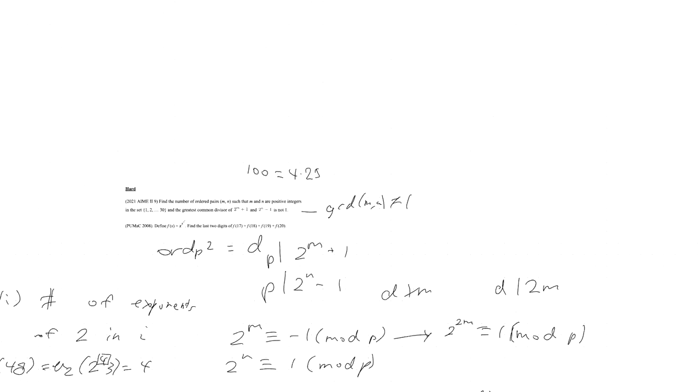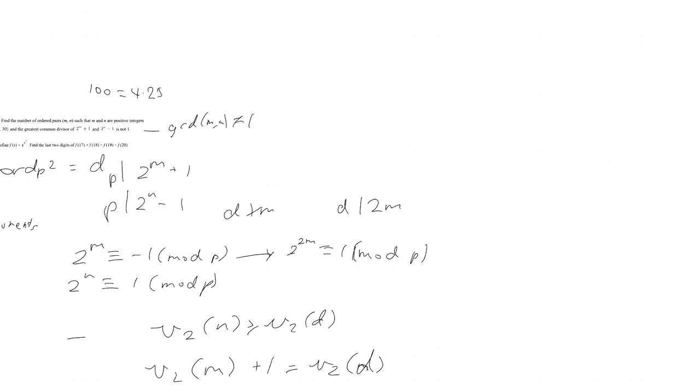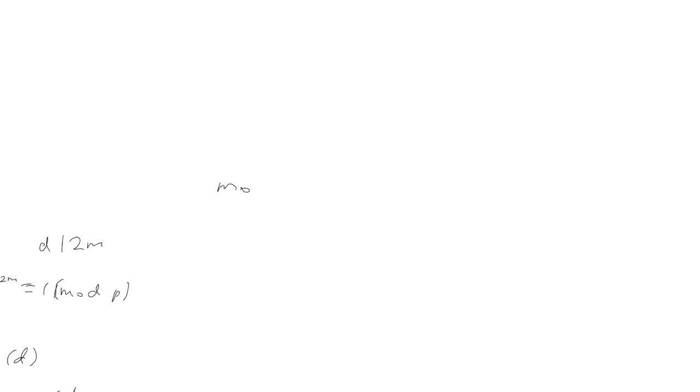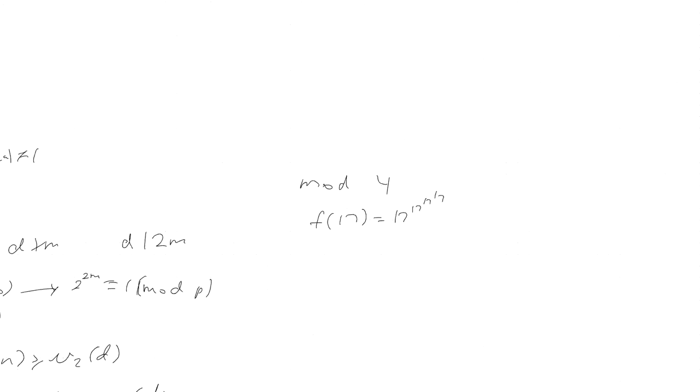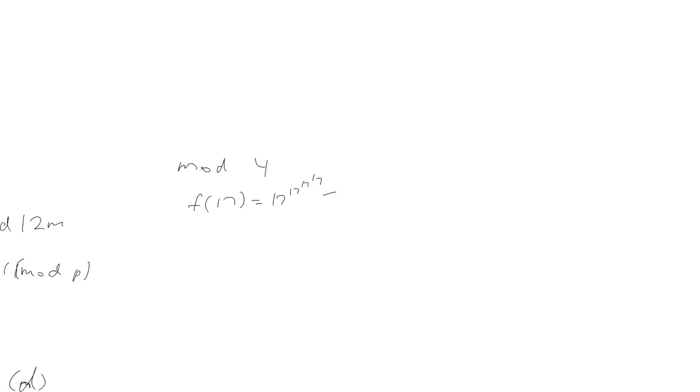So I think first we'll consider mod 4. Mod 4 isn't too bad, because we know that F17 is 17 to the 17 to the 17. This is congruent to 1, because 17 is congruent to 1.